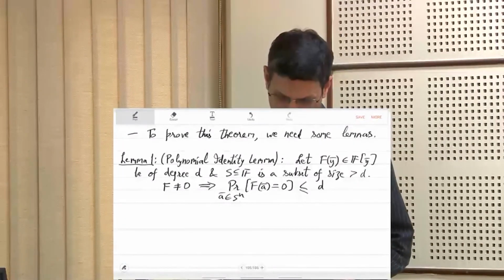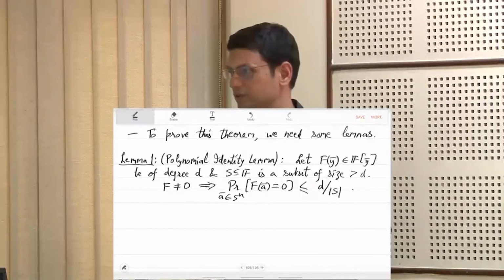What is the chance that you have hit a root? In this space S to the n, how many roots are there? If n was 1, what is the answer? Yes, the degree of a univariate polynomial upper bounds the number of roots. So roots can be at most D out of S, and this upper bound is true for any n.